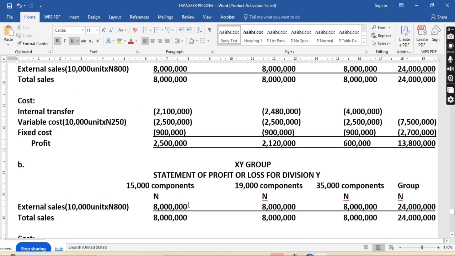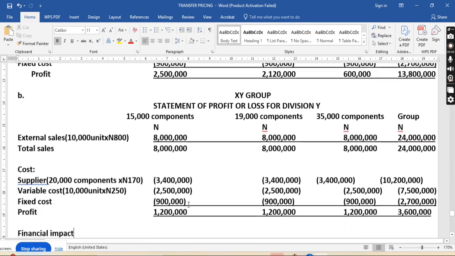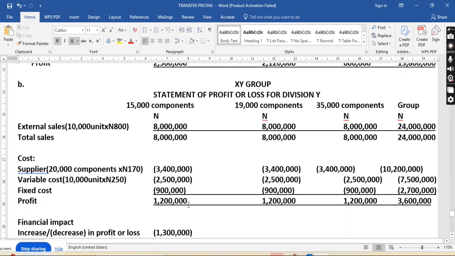When there is an internal transfer, the profit will be 2,500. When there is no internal transfer, the profit will decrease to 1,200. What is the financial implication? The profit will decrease by 1,300.